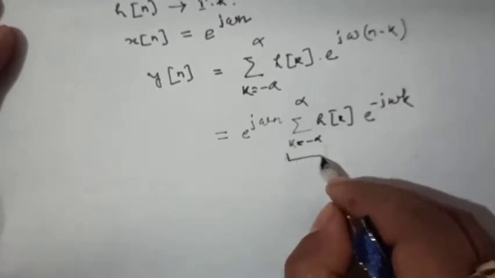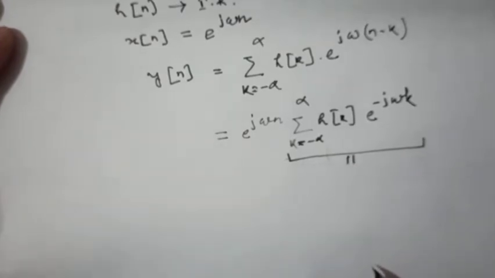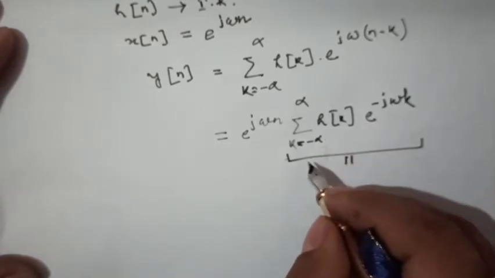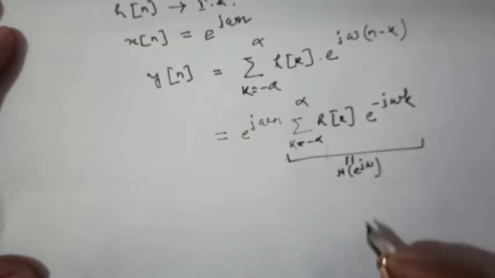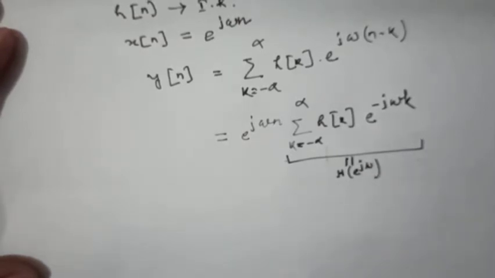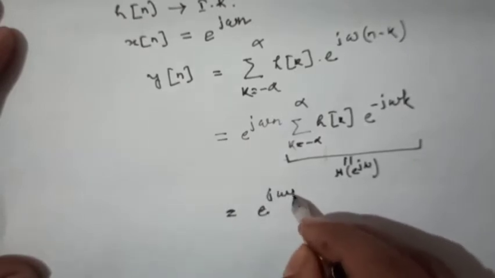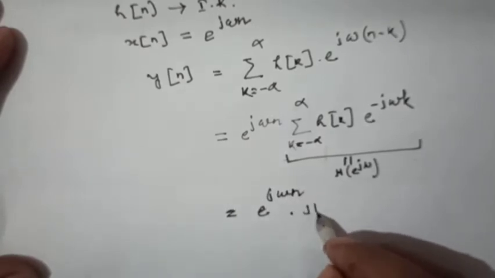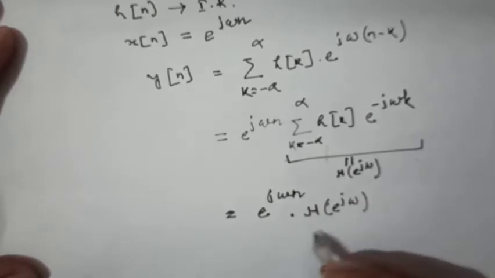Now look at this term. This term is nothing but the definition of the discrete time Fourier transform of h of k. So we can write capital H of e to the power j omega, which is the DTFT of h of k. So we can write it like e to the power j omega n into H of e to the power j omega.